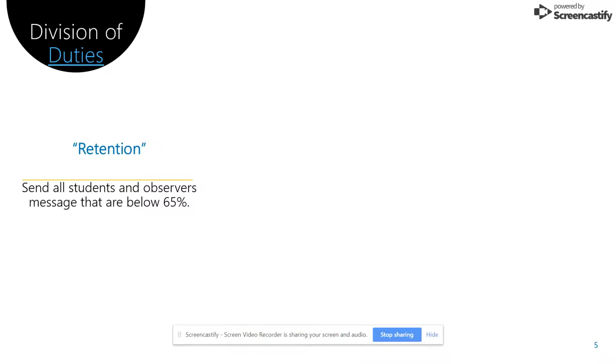With student retention, if you have a co-instructor, you can divide sending out the retention notices amongst yourselves, but make sure you send the notices out to the students and observer, and put the student ID, first and last name, and put your own notes or comments in there.